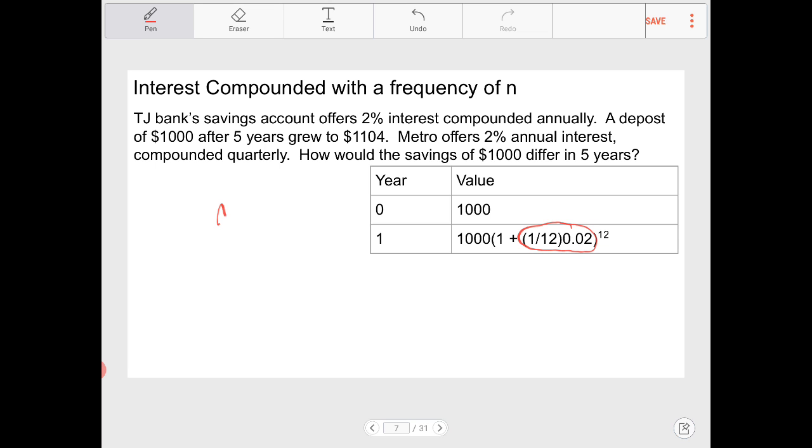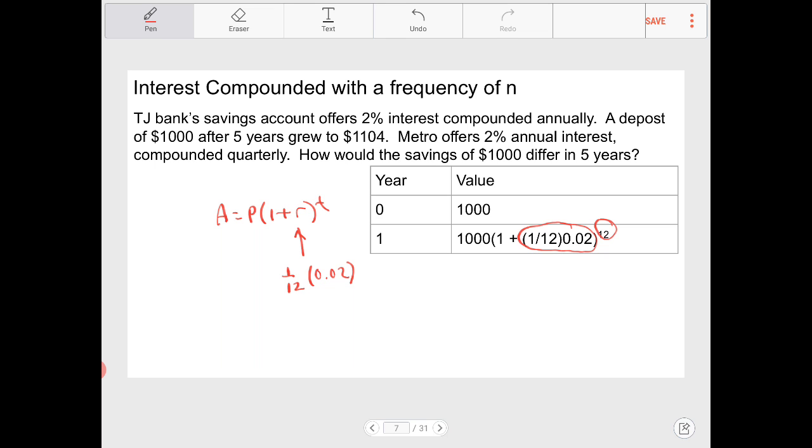I'm still going by this formula. So the new rate at the end of each month is 1/12 of 0.02. And how many times will I be collecting in a year? It will be 12 times per year. That's why it's being raised to the 12th.